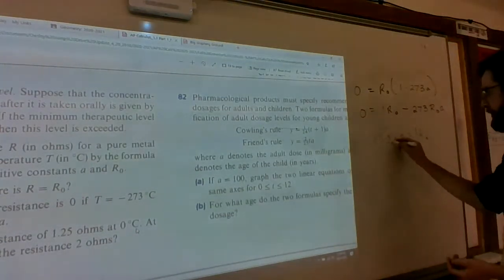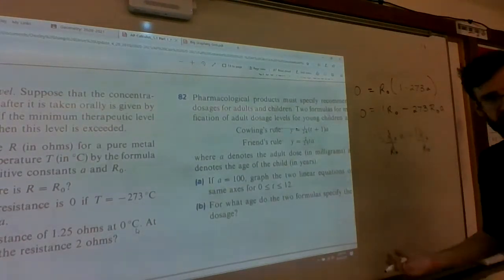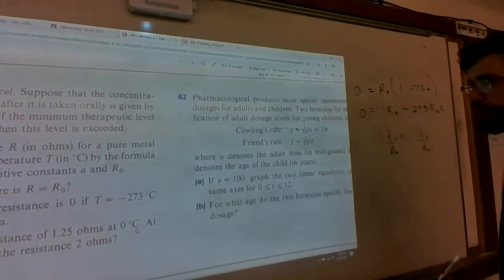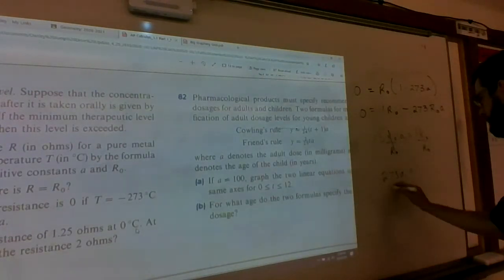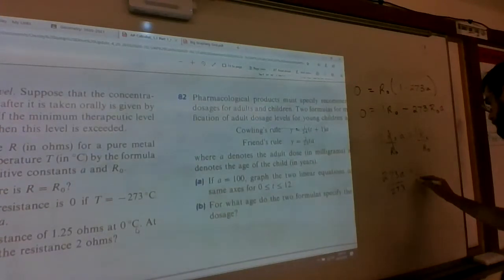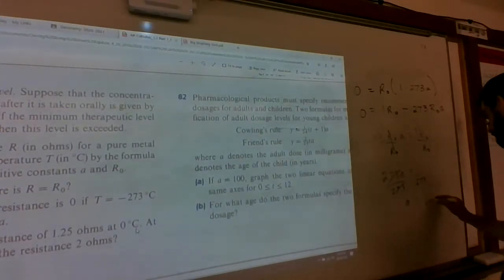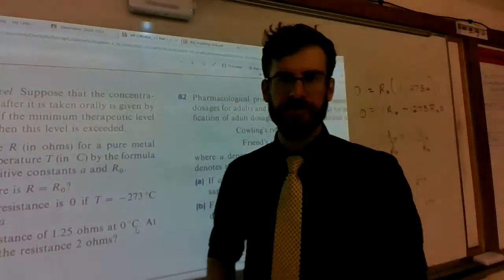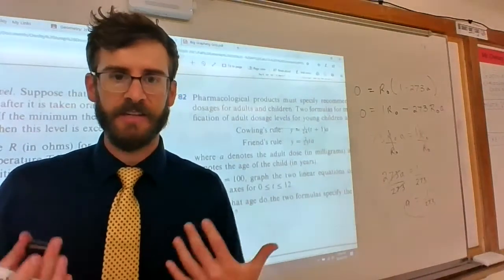And actually, you can divide both sides by this constant right here. It just cancels itself out. At which point you can just say A is equal to one over 273. And it doesn't really have a unit attached to it. It's just a constant value.